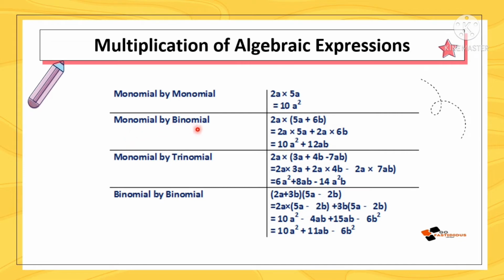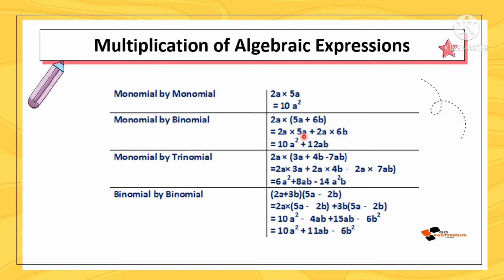Now monomial by binomial. Suppose 2a is the monomial and 5a plus 6b is the binomial. When we open the bracket, this 2a will multiply by 5a as well as this 2a will multiply by 6b also. So first 2a multiplied by 5a, plus as it is, and then 2a multiplied by 6b.